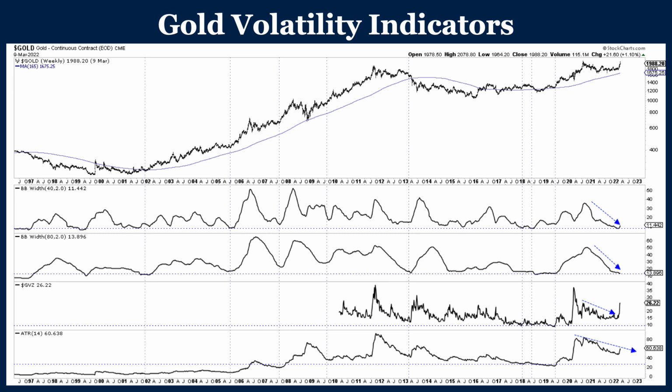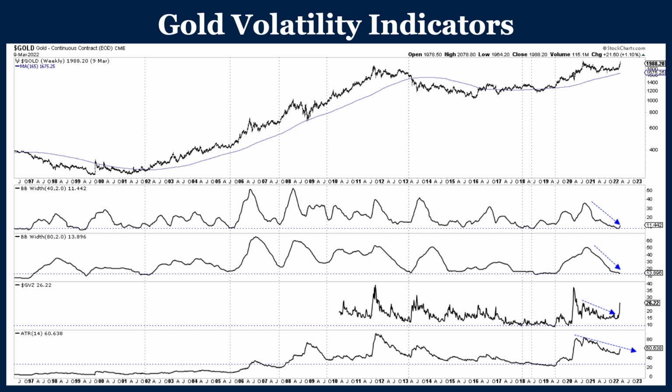Bollinger Bands measure volatility, and usually when they constrict, that precedes an increase in volatility. That precedes a sharp move in one direction or the other, which lends itself to increasing volatility. You can look at 20 weeks, 40 weeks, 80, 100 weeks, whatever. But I like 40 and 80 weeks based on how they've looked over the previous decades for gold.